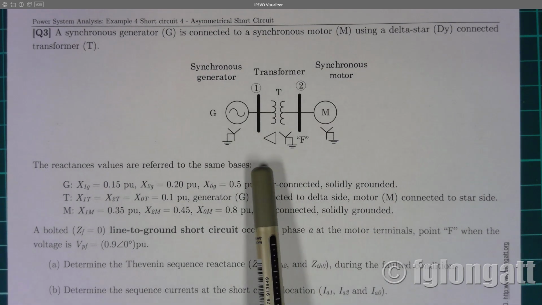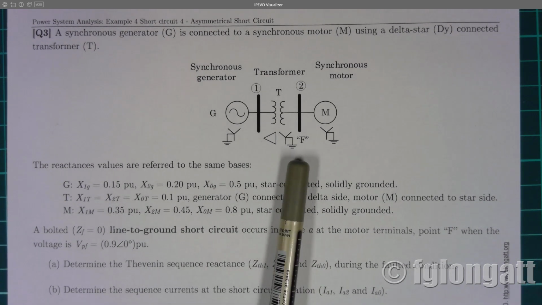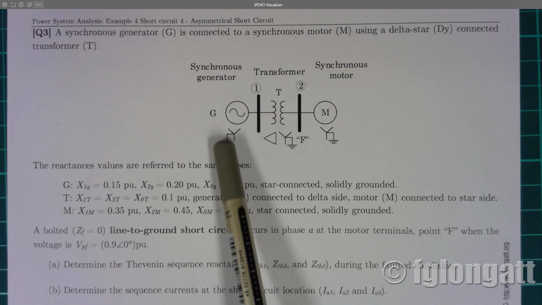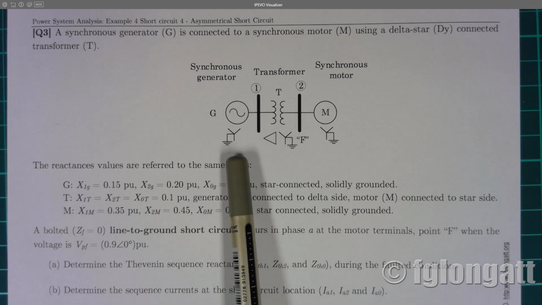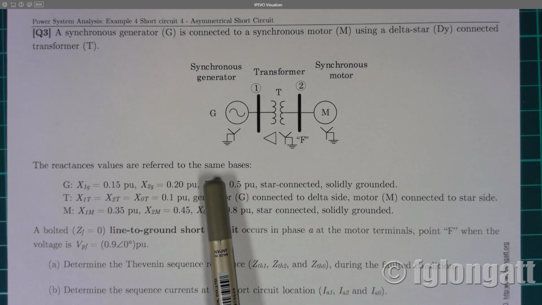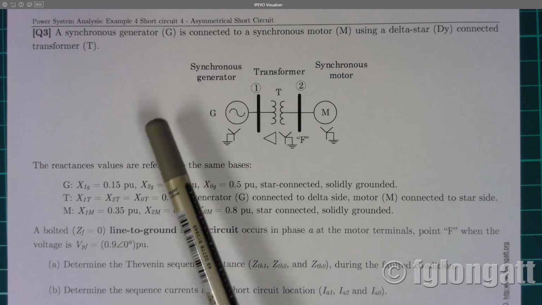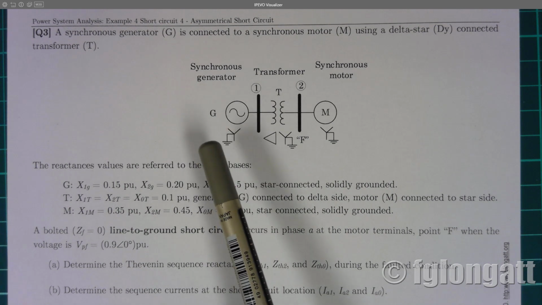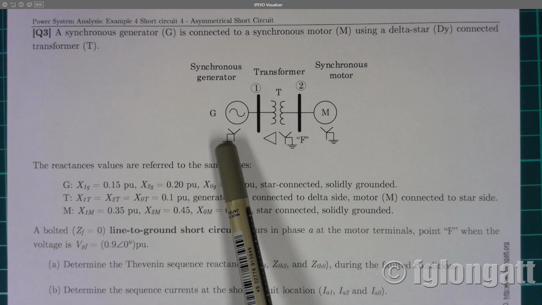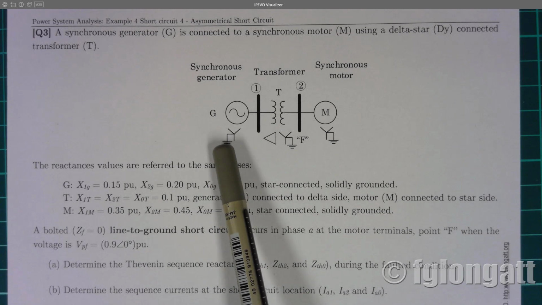And here, because we are interested in asymmetrical faults, we are dealing with very important conditions where the neutral connection to ground is extremely important. As you can see, the generator is a classical star connection where the neutral point is solidly connected to ground, okay?